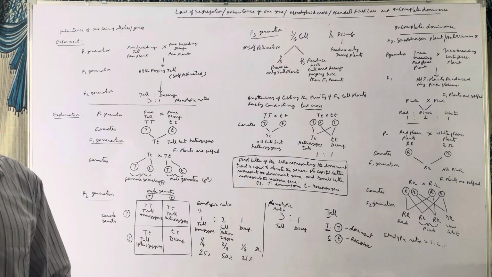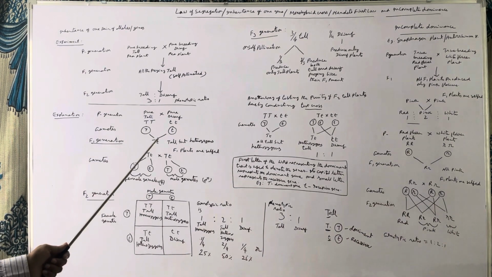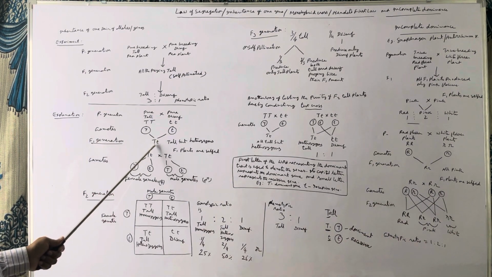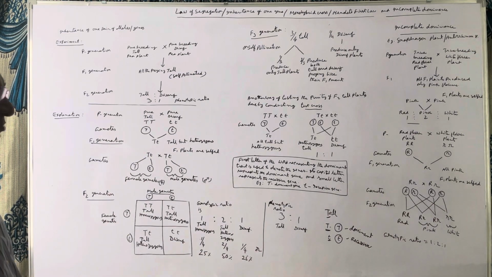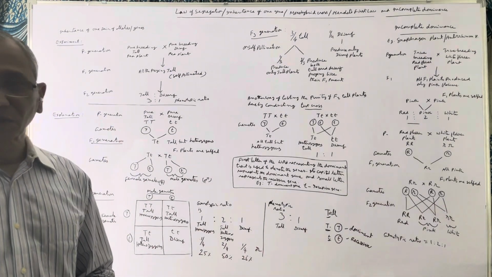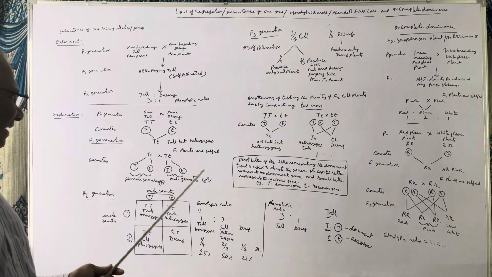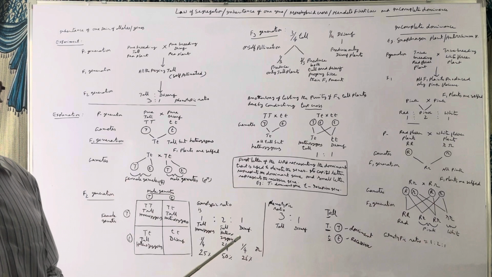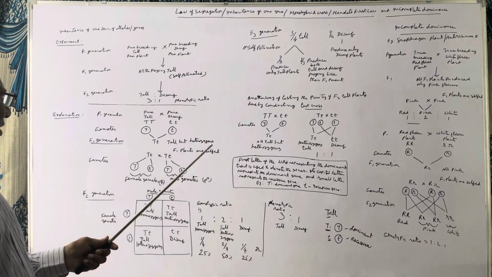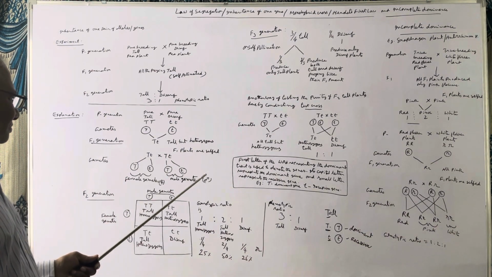So in F1 generation plants, we find both the factors. That means the gene for tallness, the gene for the dwarfness. These plants are known as F1 hybrids. Hybrids means they got both the factors. These are heterozygous.